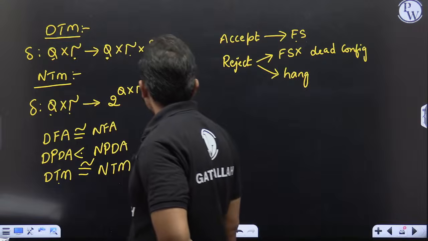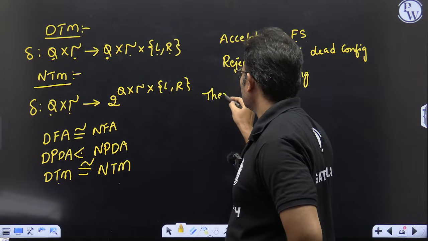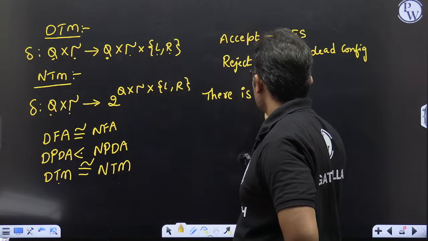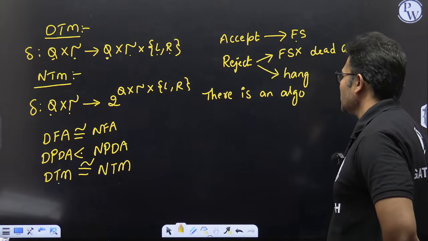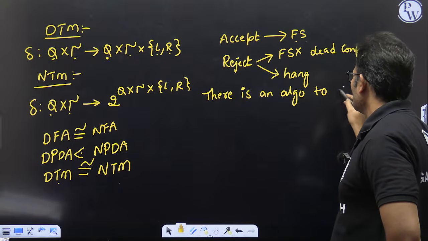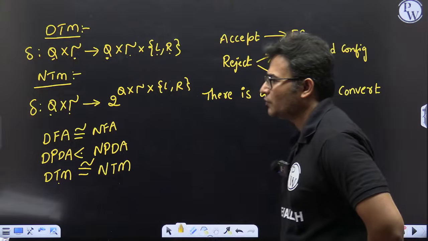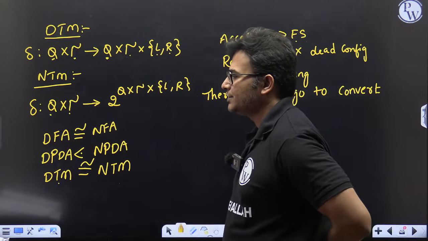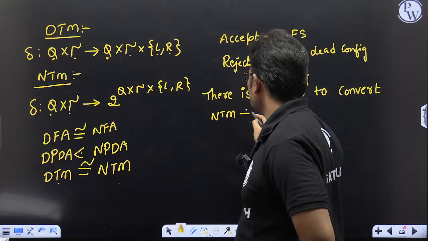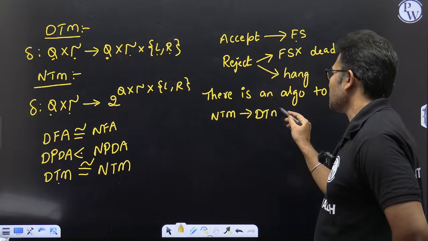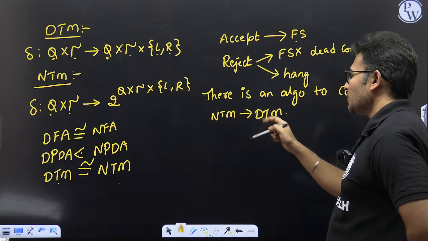So there is an algorithm. We are not going to study this, it is not important. There is an algorithm to convert a non-deterministic Turing machine to a deterministic Turing machine, right? Now we are able to convert any non-deterministic Turing machine to a deterministic Turing machine.